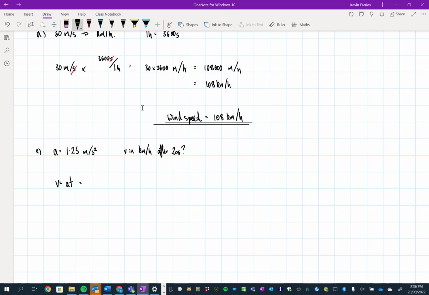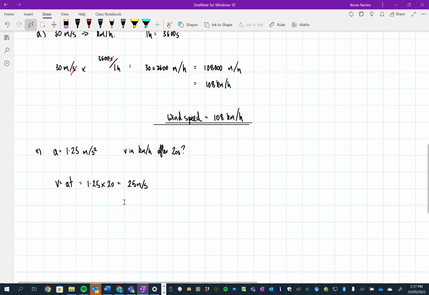So we're going to do 1.25 times 20, which is equal to, that's 1 and 1/4 times 20, you can do it in your calculator, so it's going to be 25 meters per second. That is the speed it'll be going at after 20 seconds.